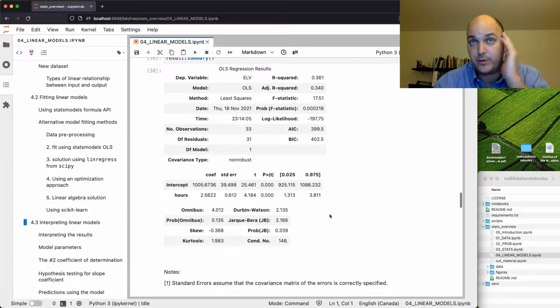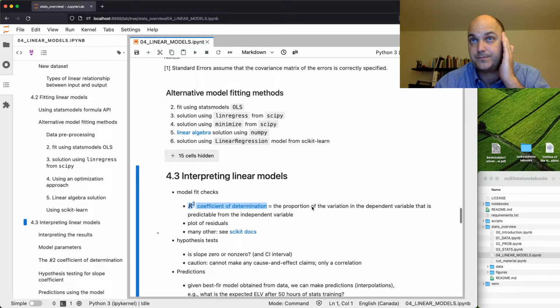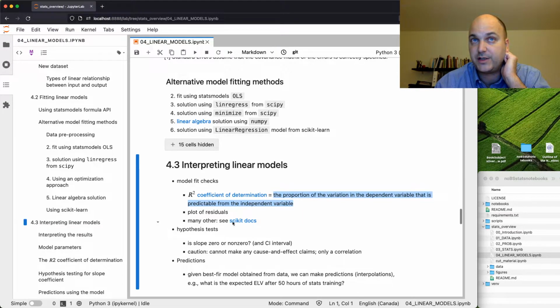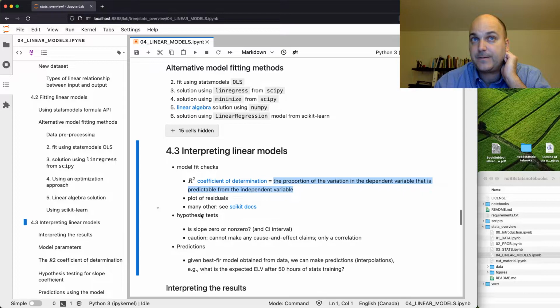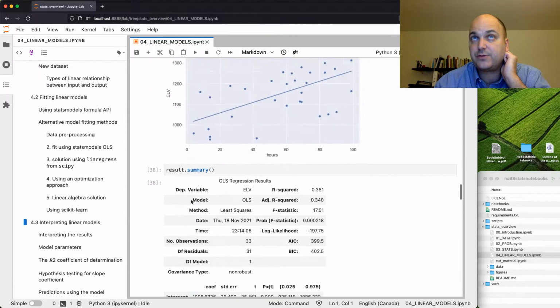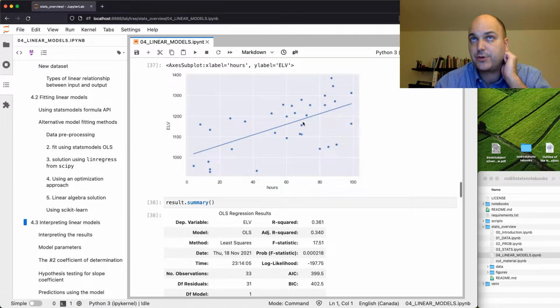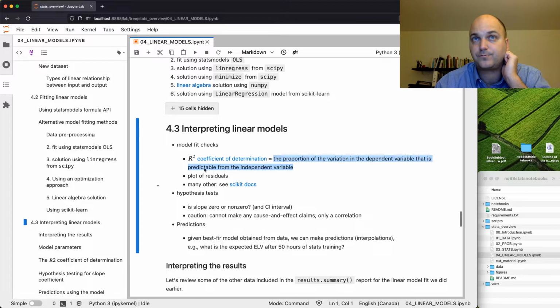This tells you how well the model fits: the proportion of the variation in the dependent variable that is predictable from the independent variable. Okay, we'll talk about that in a second. You can also plot the residuals, which we're not going to do. And there are a bunch of other metrics. So in general, when you choose a model, there are a lot of metrics to measure how well the model fits the data.